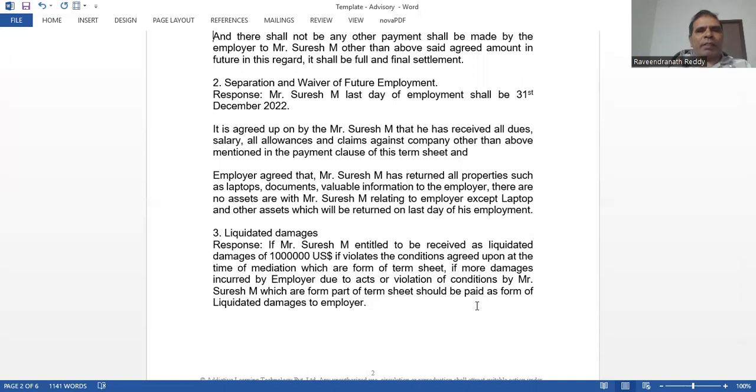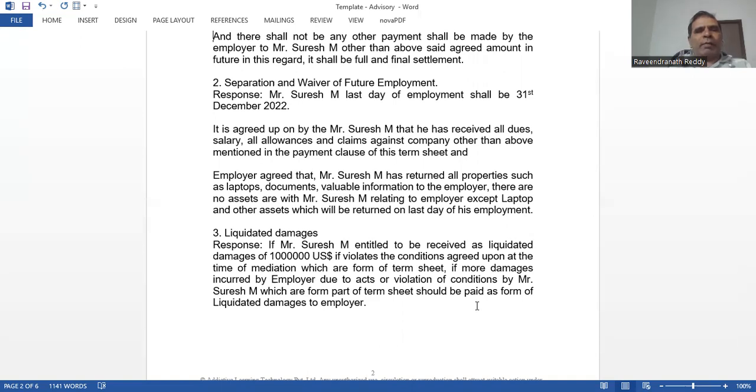The employer agreed that Mr. Suresh M. has returned all the properties such as laptops, documents, valuable information and assets handed over to him while he was executing his job.